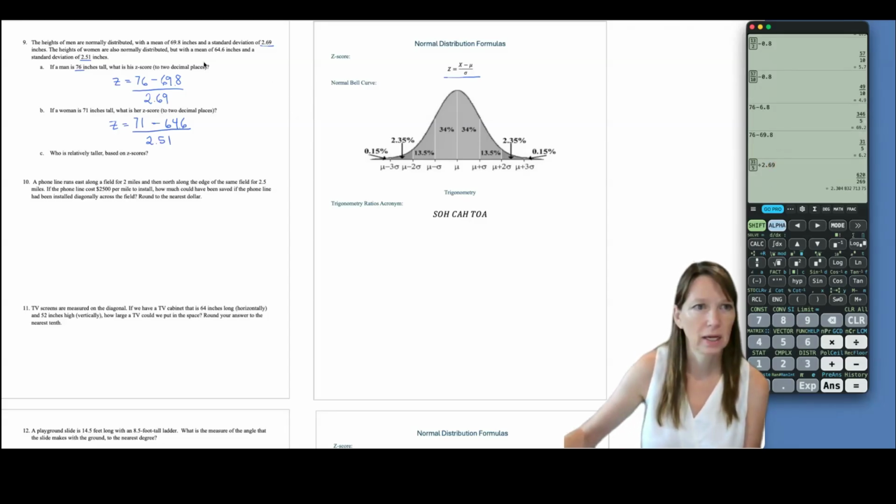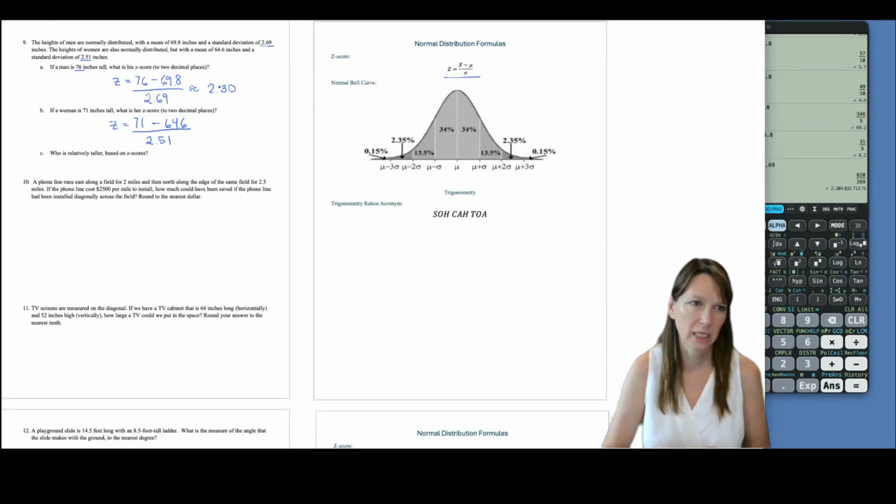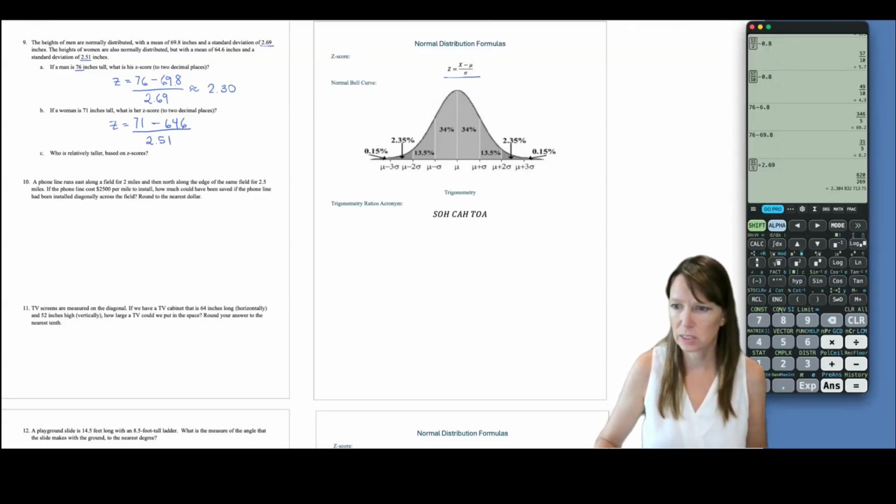And I get an answer of approximately, and z-scores are always rounded to the nearest hundredth, just traditionally, 2.30 for the man's z-score.